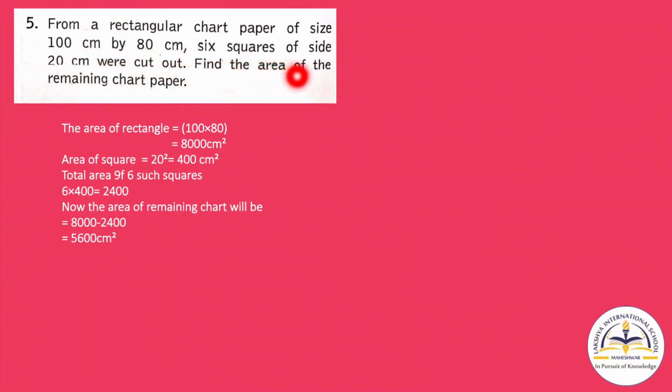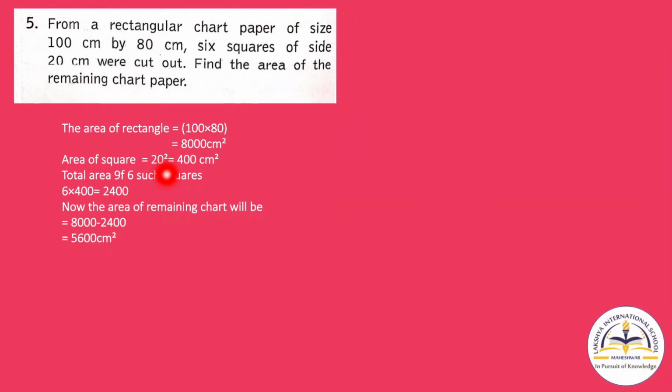Now question number 5, from a rectangular chart paper of size 100 centimeter by 80 centimeter, 6 squares of side 20 centimeter were cut out. Find the area of remaining chart paper. We know the area of rectangle formula, that is length into breadth. That means 100 multiply 80, that is 8,000. Now we know the area of square formula, that is side into side, and here the side is given 20 centimeter.